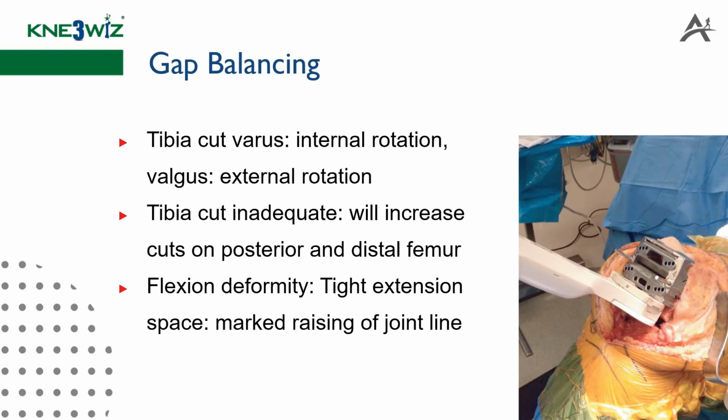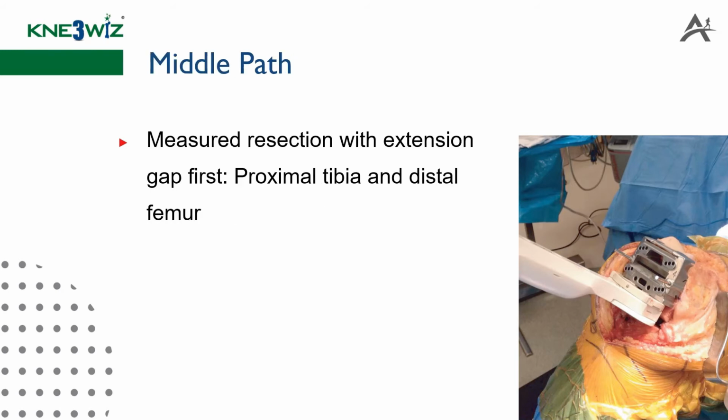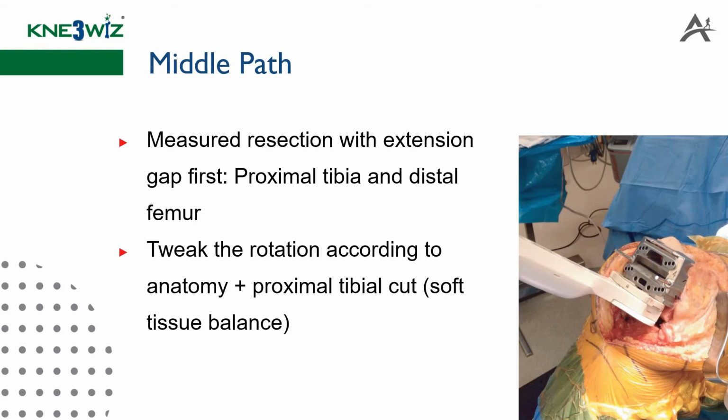So the most commonly followed middle path evolved. The distal femur and proximal tibial cuts are taken as a measured resection. The posterior femoral cuts are tweaked looking at all factors, local anatomy and the proximal tibial joint line, thus ensuring lower errors.